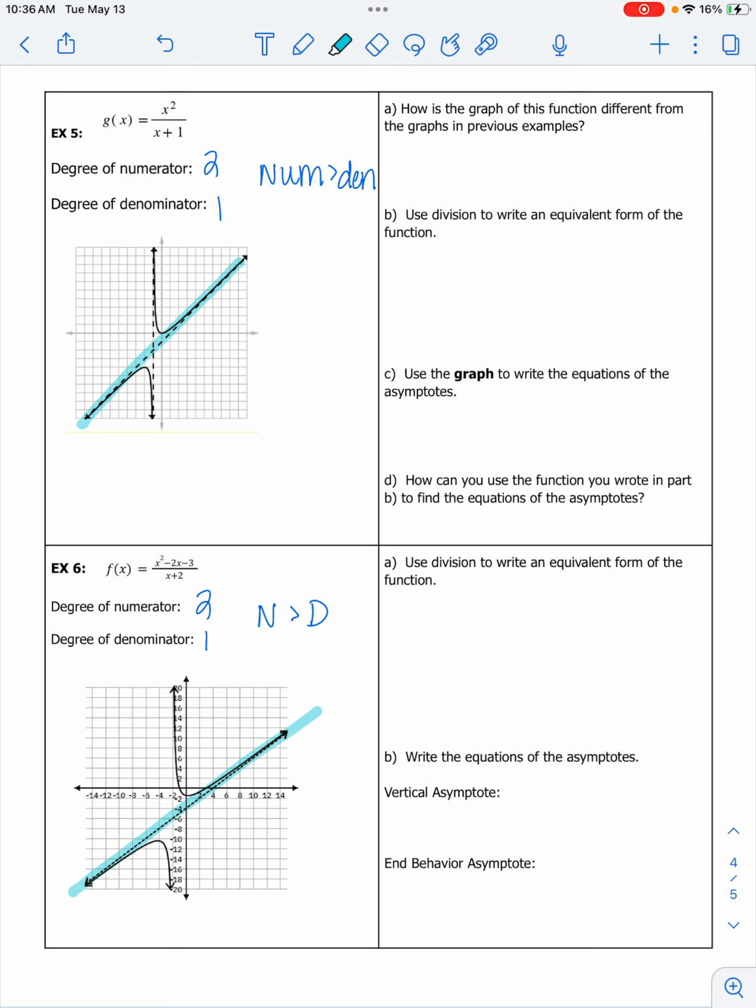So that is going to happen every time when we have the degree of the numerator larger than the denominator. We're going to have this diagonal line, which is called a slant asymptote. Now we have to figure out where in the world we are going to find out where this slant comes from. And that's what these questions are going to go through for us. So that's how these graphs are different. So we have no horizontal asymptote.